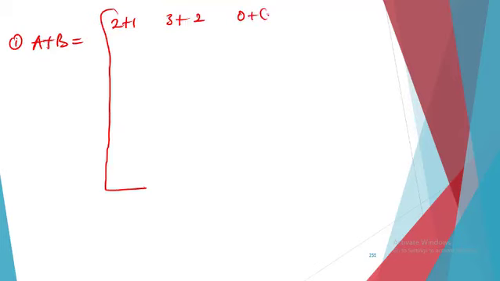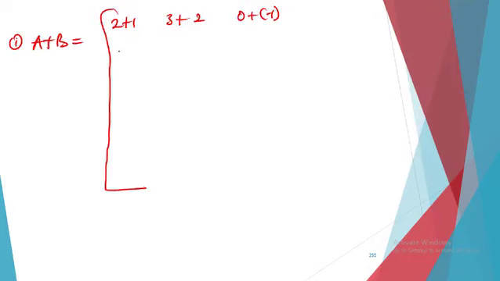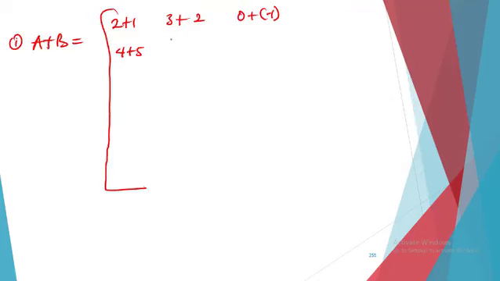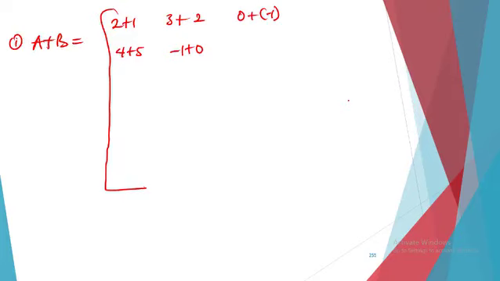Then we'll have here 4 plus 5. What's the next one? Minus 1 and 0, so minus 1 plus 0. Then we have 1 and 2, which is 1 plus 2.